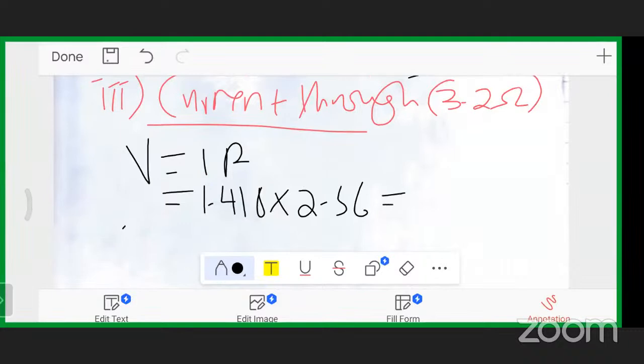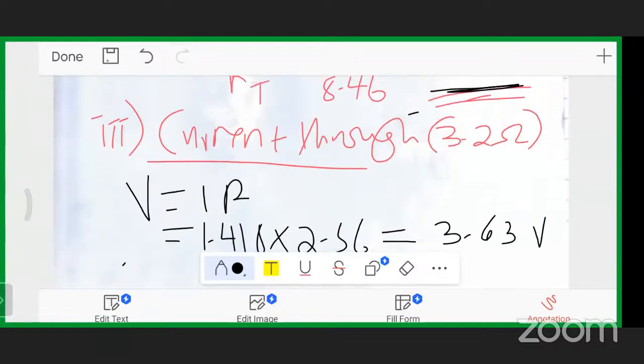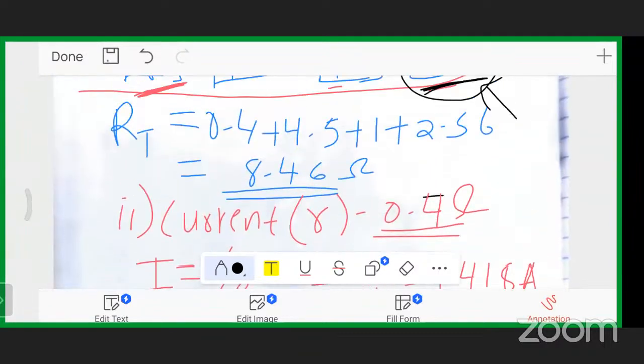So this will give us a value of 3.63 volts. That is the voltage drop.